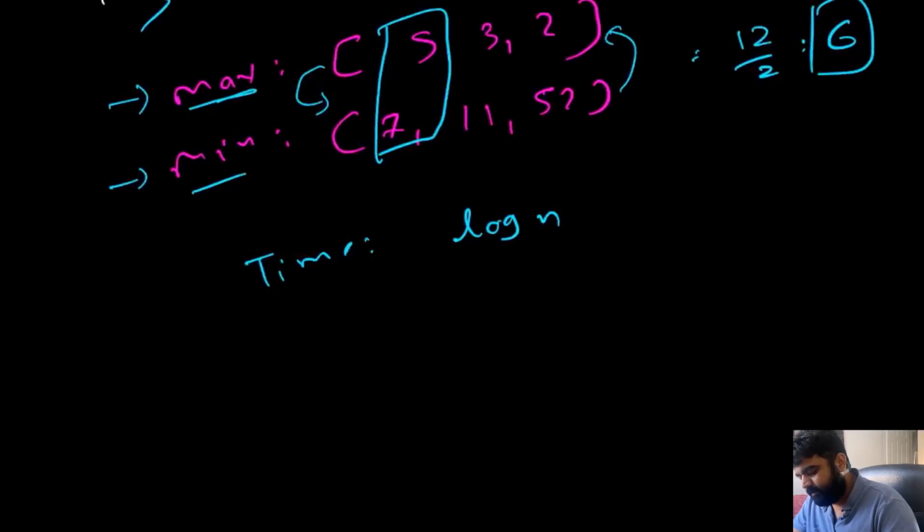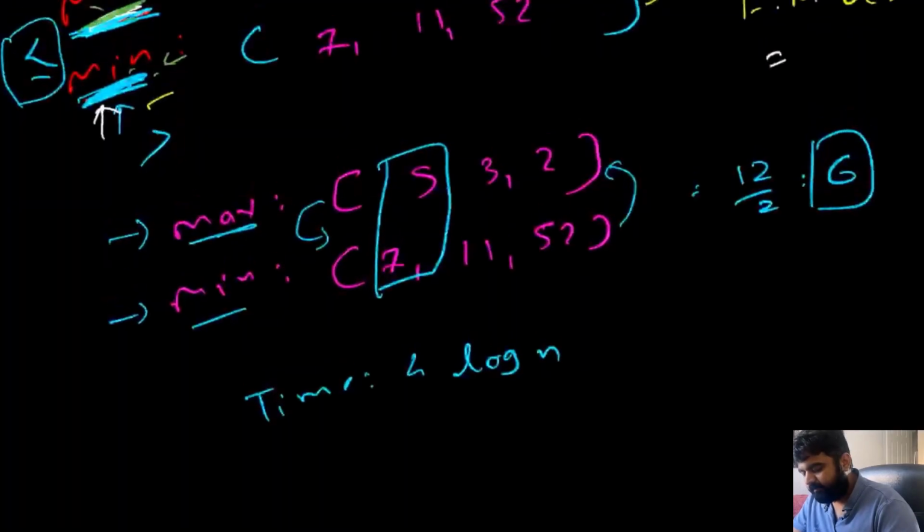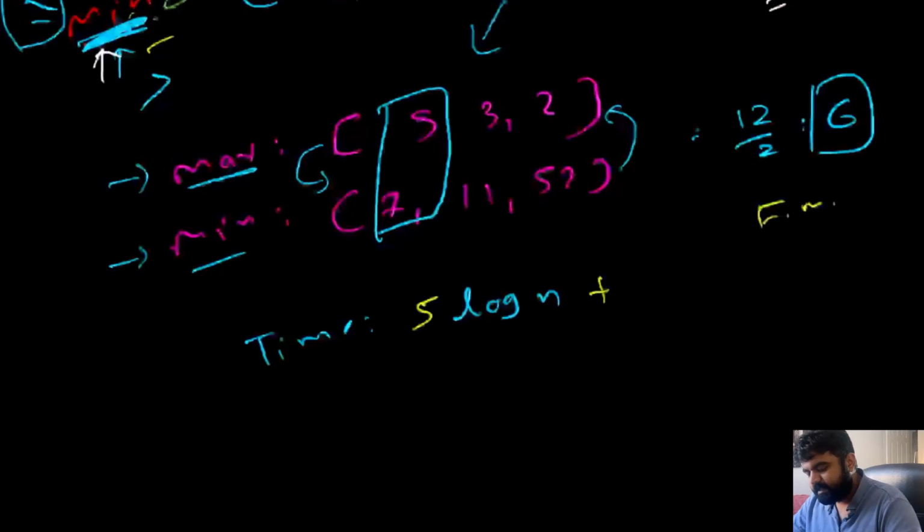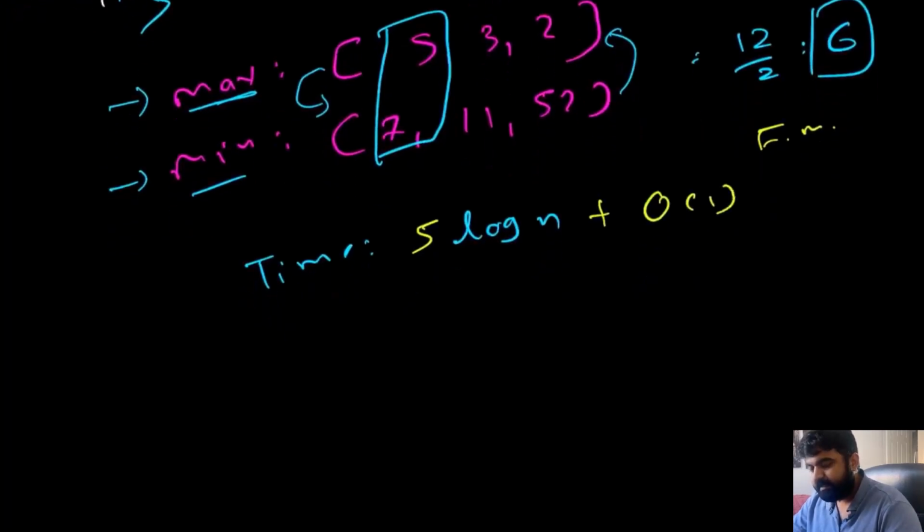So essentially we are doing log n 4 times, and then one more time we also have to enter the value from the data stream into one of the heaps. So essentially we are doing the log n operation 5 times. If you want to be very specific, you can mention 5 log n to be the exact time complexity. And plus, in order to find the median, this operation is constant, so that is done in big O of 1 time. So this is a very good time complexity.